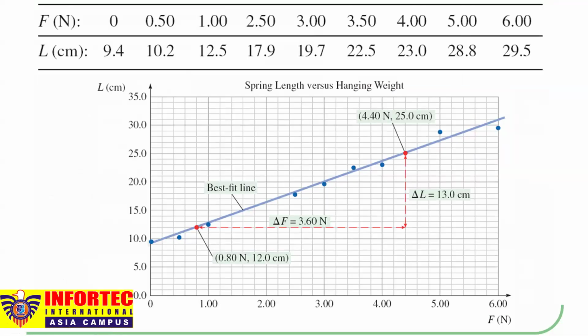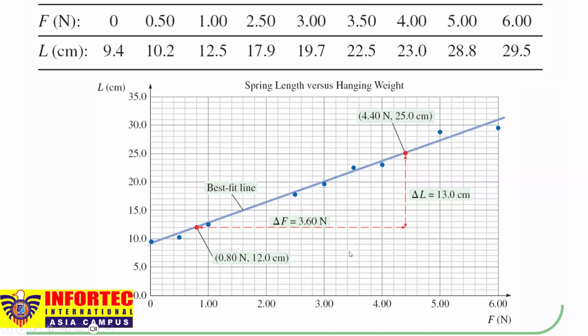Then in the equation, you can see 2 points defined on the graph, right? 4.4 and 25 centimeters. Another one, 0.8 and 12 centimeters. These are the 2 points. Far away points are very good for a good result, right? You take the far away points.